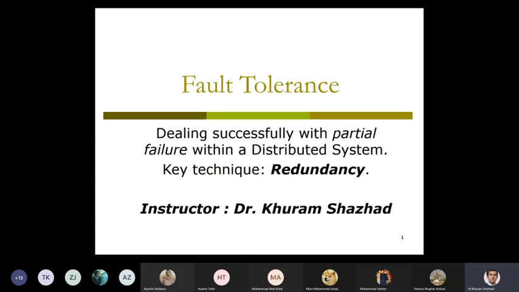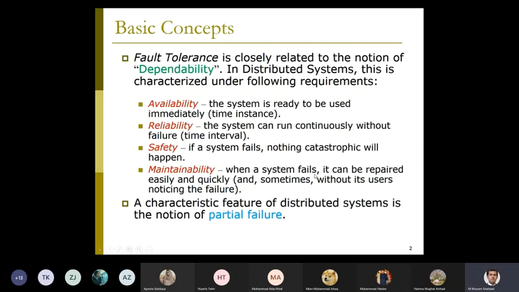This is an abstract level understanding of today's lecture. So let's proceed and get into the detail. When we talk about fault tolerance, it is very closely related to the notion of dependability. Dependability has specific requirements or characteristics, which are availability, reliability, safety, and maintainability.